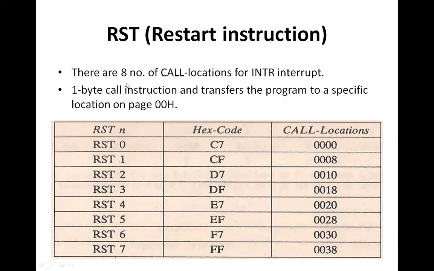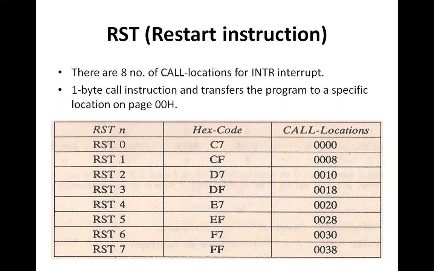There are 8 RST instructions, RST 0 to 7. And the hex code of each instruction is this. And the call location: if RST 0 is written, it will go to this location where the program is written. If you have written RST 4, it will go to this location where the separate program is written.